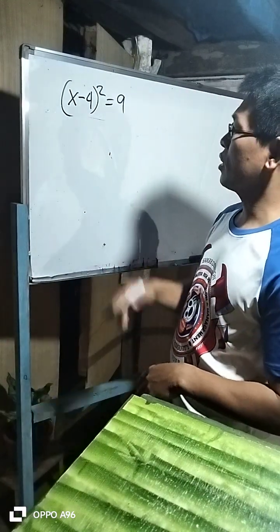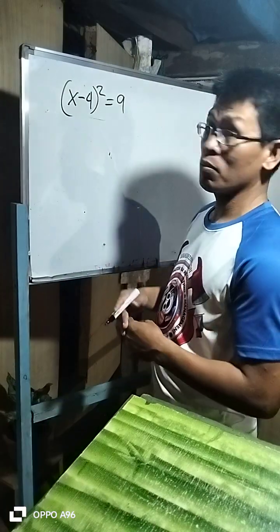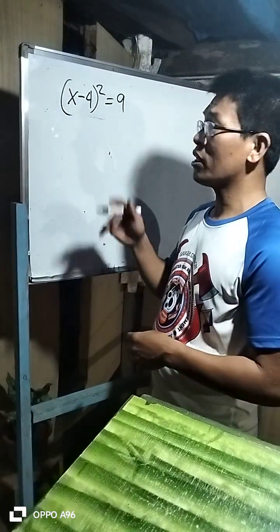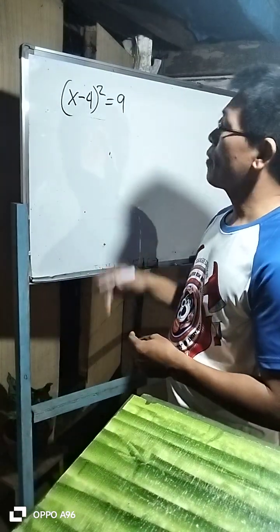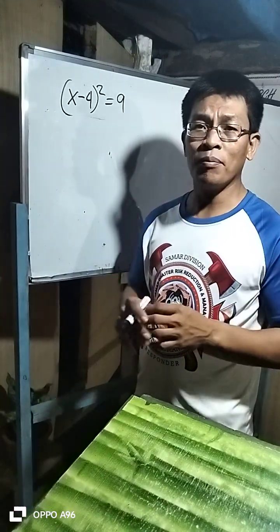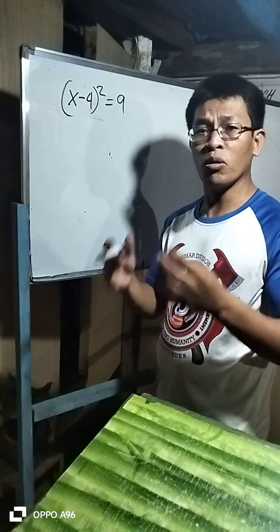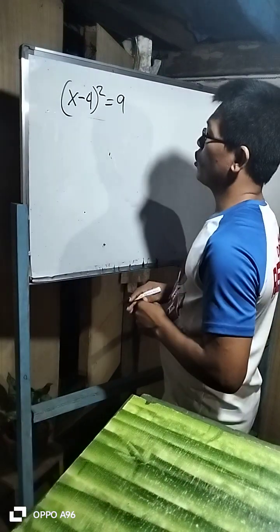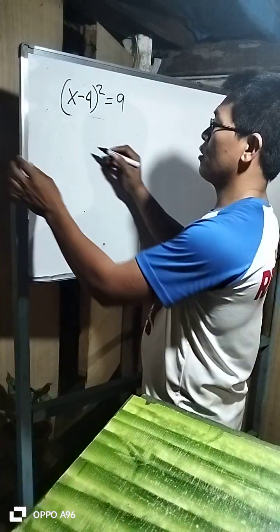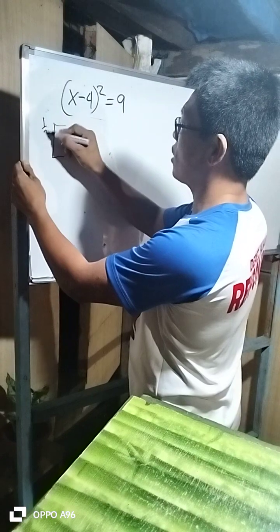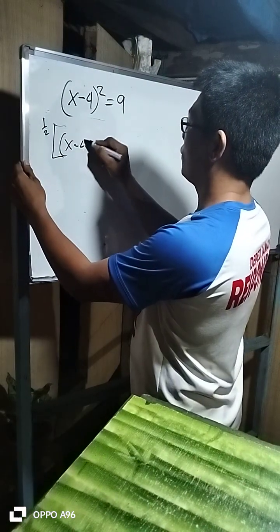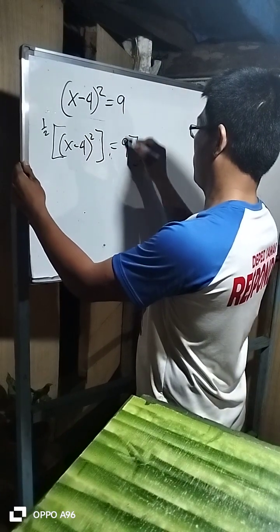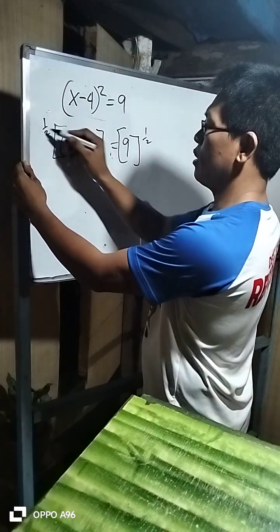For instance, we have x minus 4 raised to the second power, which is equal to 9, and 9 is greater than 0. We are expecting that this problem will come up with 2 real roots. So, x minus 4 raised to the second power is equal to 9. What we need to do is take the square root of both sides. Then let's cancel this.